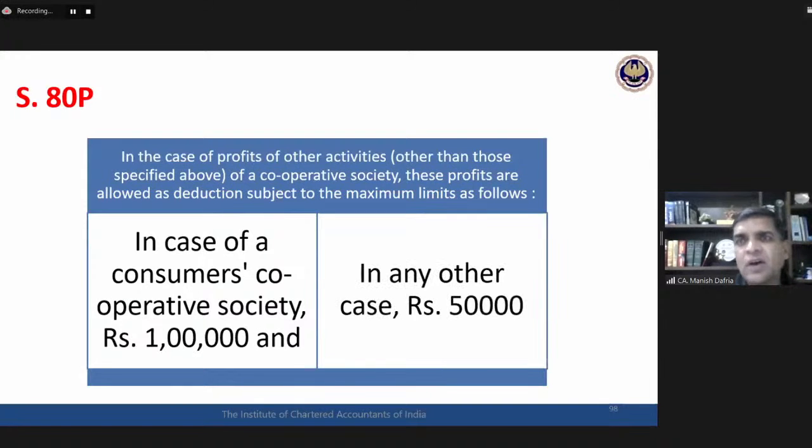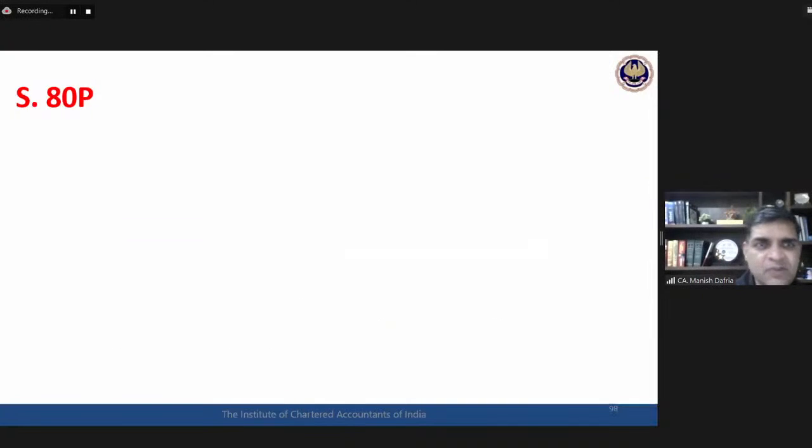And in case of any society other than a consumer cooperative society, a basic general deduction of 50,000 shall be allowed. Whatever is exempt, that is exempt. Whatever income remains taxable, that income shall be taxable only over and above this 1 lakh or 50,000. A generalized exemption for a consumer cooperative society is 1 lakh. In any other case, it is 50,000, which is the deduction available.